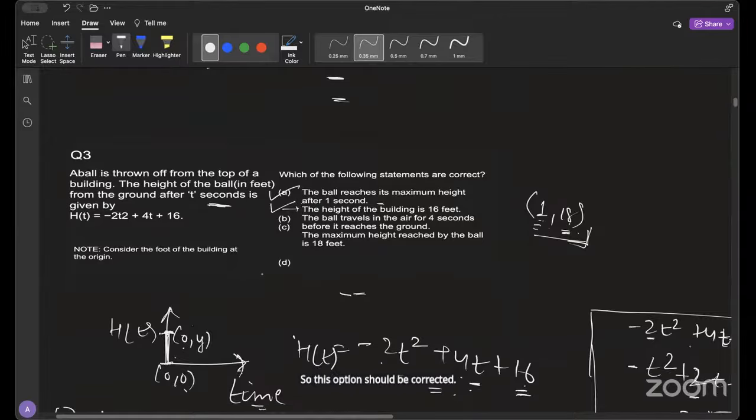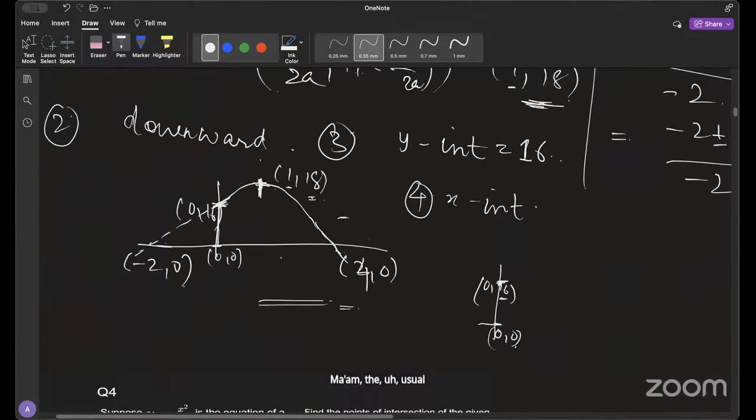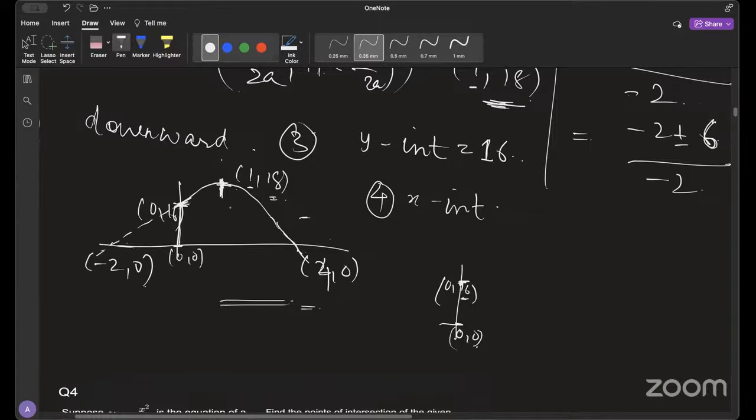Ma'am, in the usual situation, like (x, 0), you have taken the x-intercept, so we have to take 0 for the x-intercept usually. No, it's not for the x-intercept. The x-intercepts are these two.